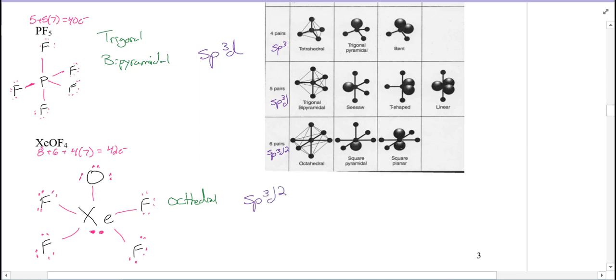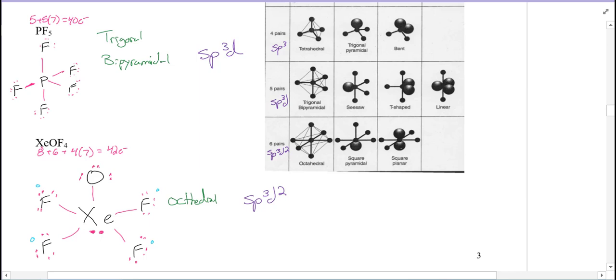Now, let's take a deep breath. XeOF4, is that the best Lewis structure for xenon with oxygen and 4 fluorines? How would you tell? Well, we have a tool in our arsenal to talk about this, and that would be formal charge. What's the formal charge on the fluorines? Fluorine has 1, 2, 3, 4, 5, 6, 7. It brought in 7. All the fluorines are 0 formal charge. Oxygen, 1, 2, 3, 4, 5, 6, 7. It brought in 6.